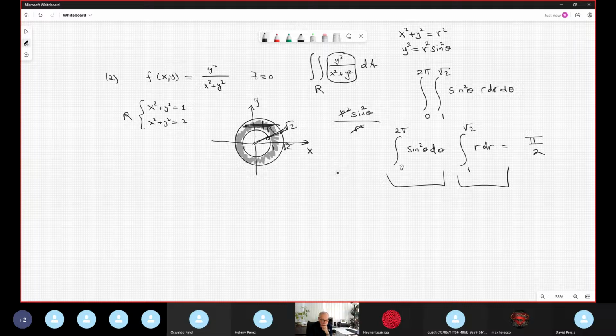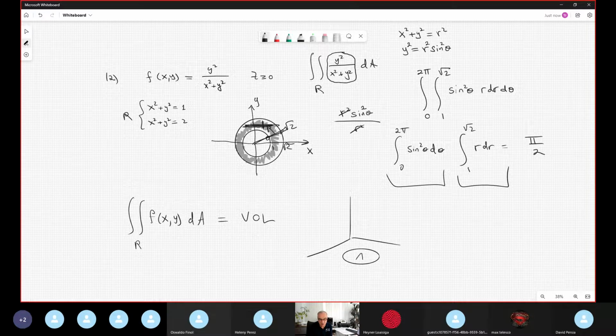In the double integral, when you include the integrand function, it's obvious that the answer is volume. Because of the interpretation: this is my region area R, I chop that, and I multiply by one hypothetical surface. This hypothetical surface is this function.